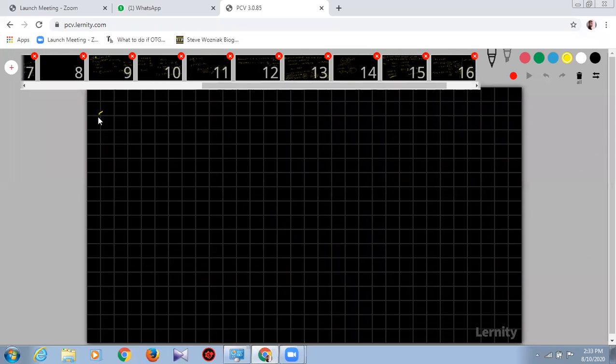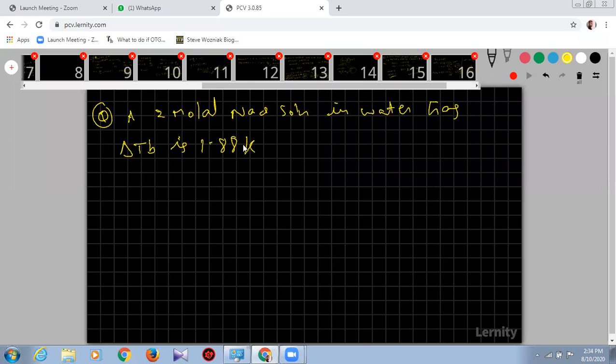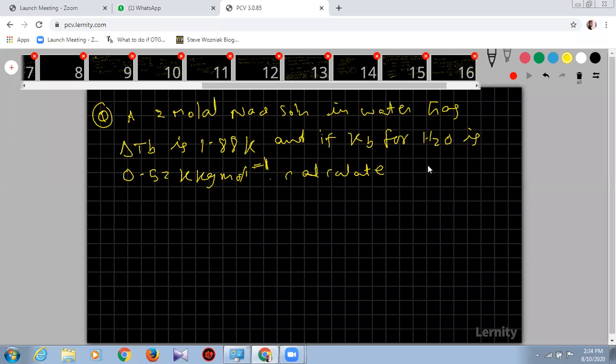A 2 molar NaCl solution in water has elevation in boiling point, that is delta TB, which is 1.88 Kelvin, and if Kb for water is 0.52 Kelvin Kg per mole, calculate i and alpha for NaCl.